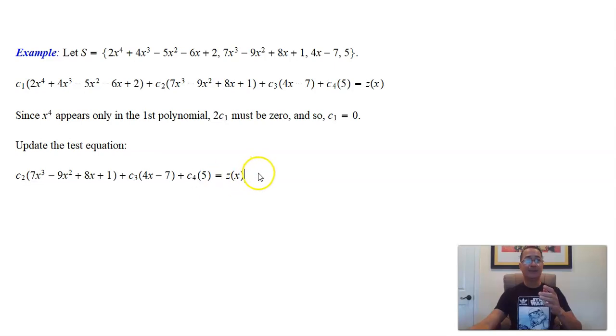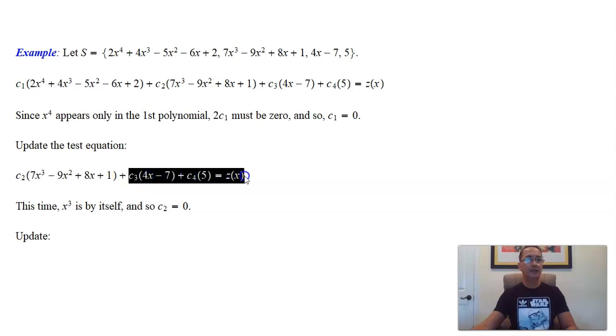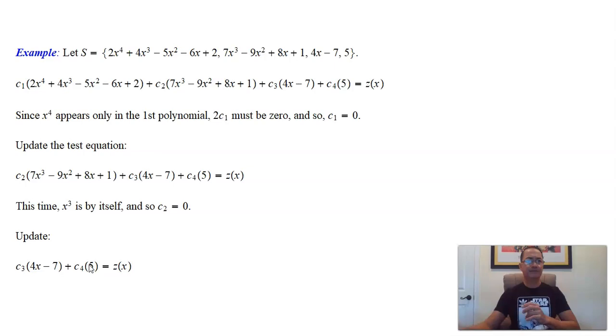See what's going on? This time, x cubed is by itself, and so 7c2 must be 0. That should be c2 equals 0. Update now: c2 is 0, so that is our new test equation.